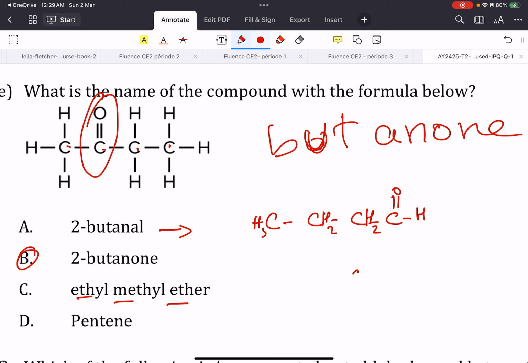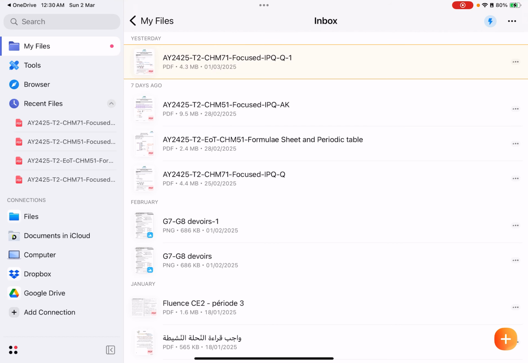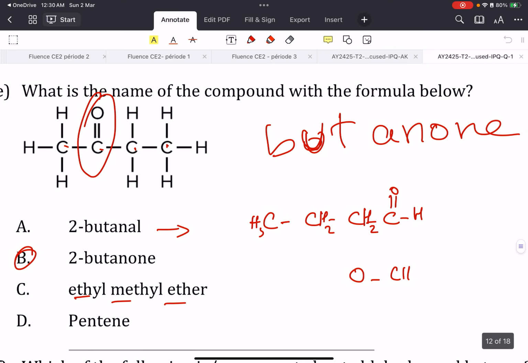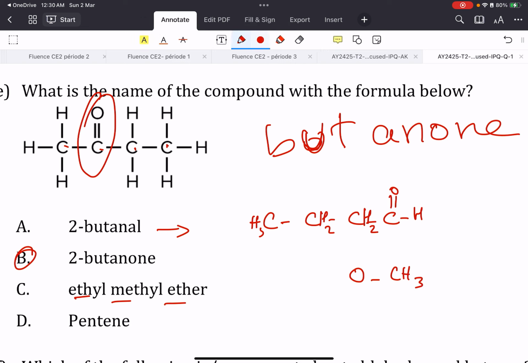Ethyl methyl ether, that's O. Methyl from one side and ethyl from the other side.